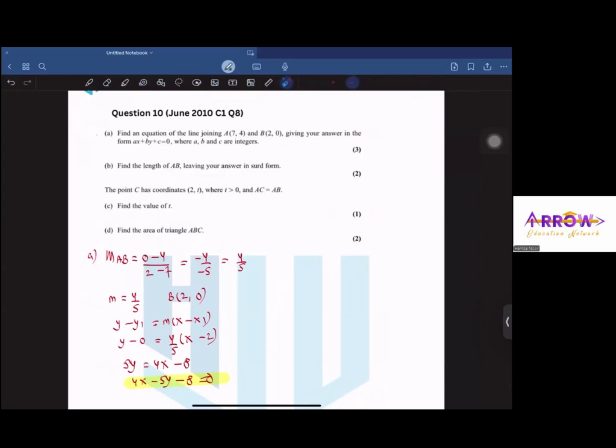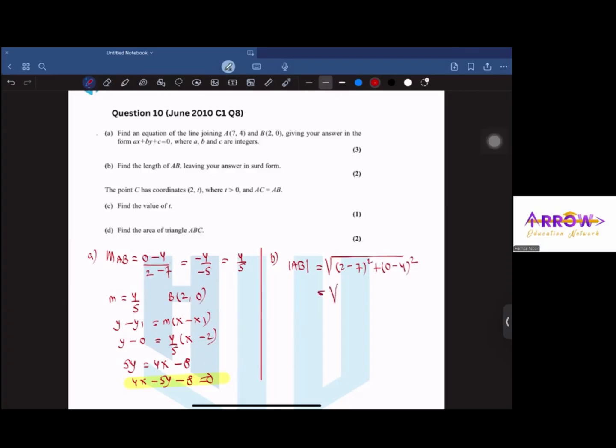So now let's move on to part B. In part B, it says find the length of the line AB, leaving your answer in surd form. Okay, so I'm going to do the working over here. You need to find the magnitude of the line AB, meaning the length of the line AB. Okay, so under root of x2 minus x1 whole squared plus y2 minus y1 whole squared, meaning under root of 2 minus 7 whole squared plus 0 minus 4 whole squared.